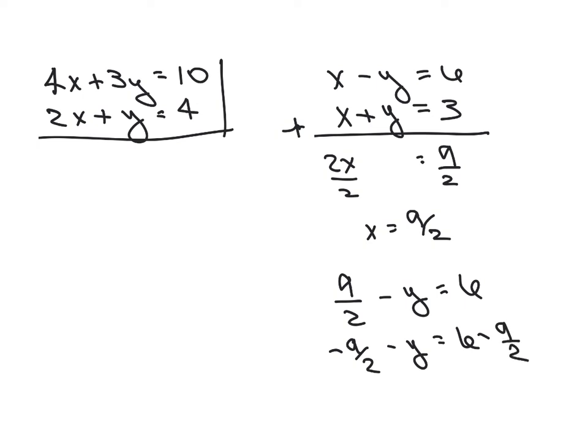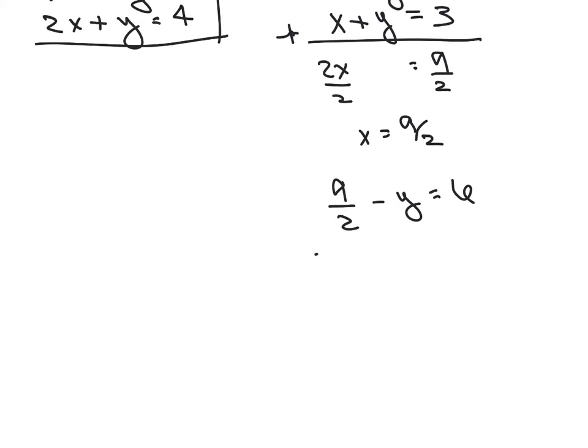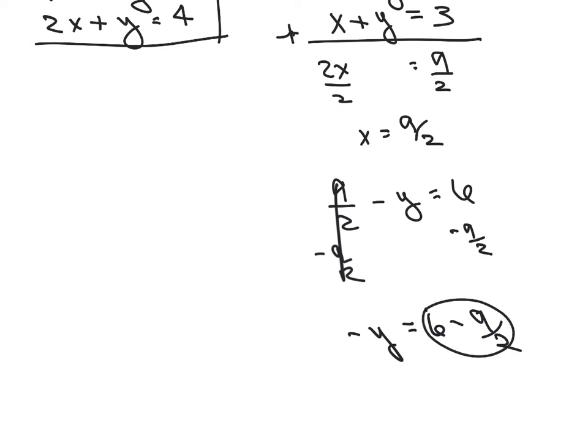The problem when you make up these problems is you usually end up with fractions. All right, let me do this right. So I'm going to subtract 9/2 from both sides. Okay, so that goes away. Negative y equals 6 minus 9/2. And I'm going to figure that out and find out what y is.